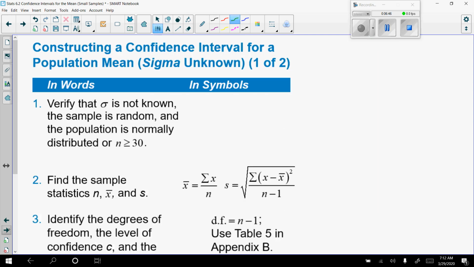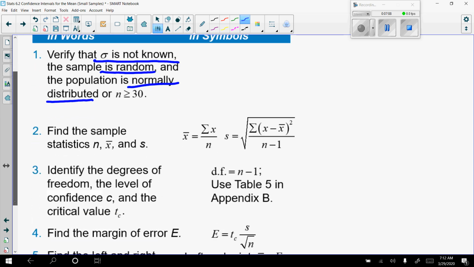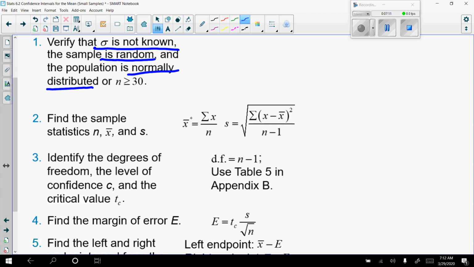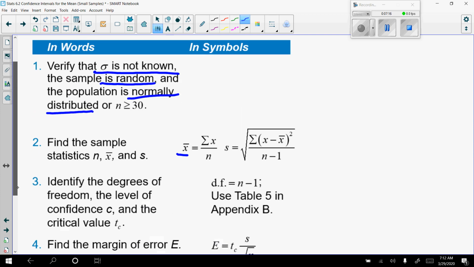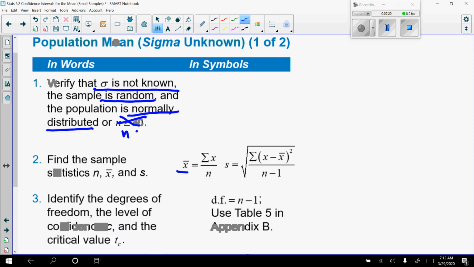So when you have a t distribution, when you're trying to construct a confidence interval, okay, first of all, check and see that the standard deviation is not known. The population needs to be random, and it needs to be normally distributed, or n has to be greater than or equal to 30. Actually, this should be n is less than 30 in order to use a t distribution.